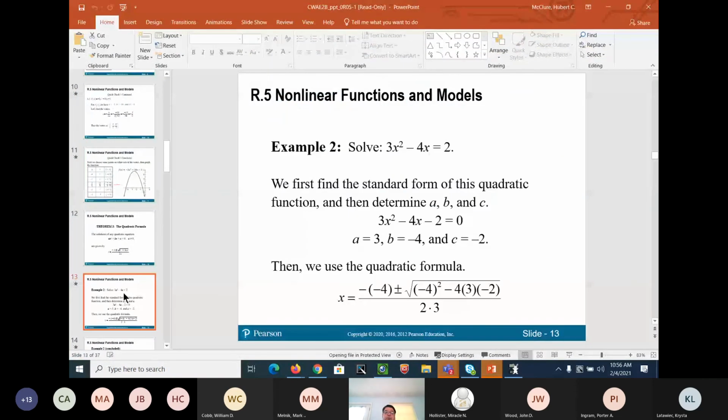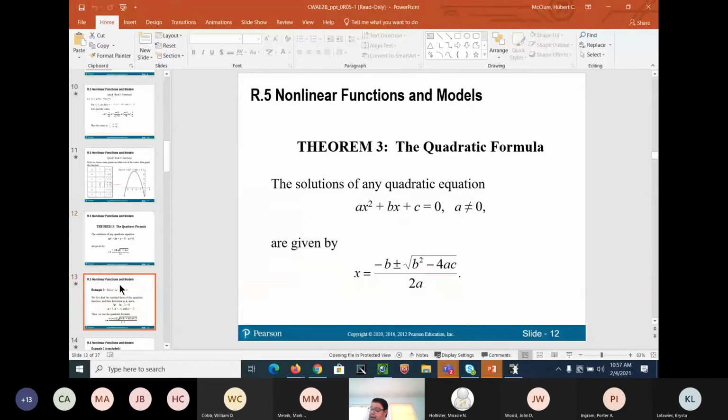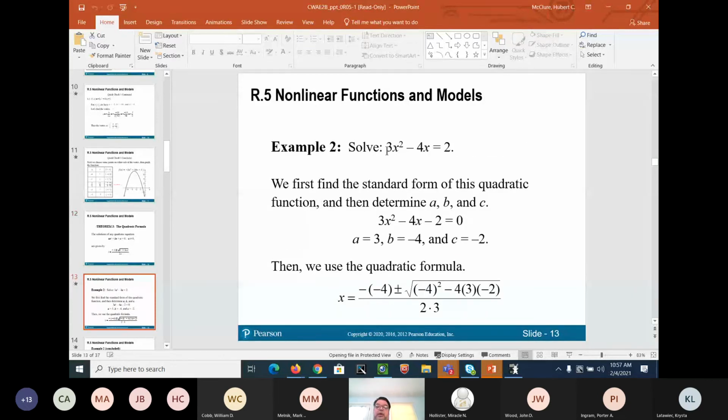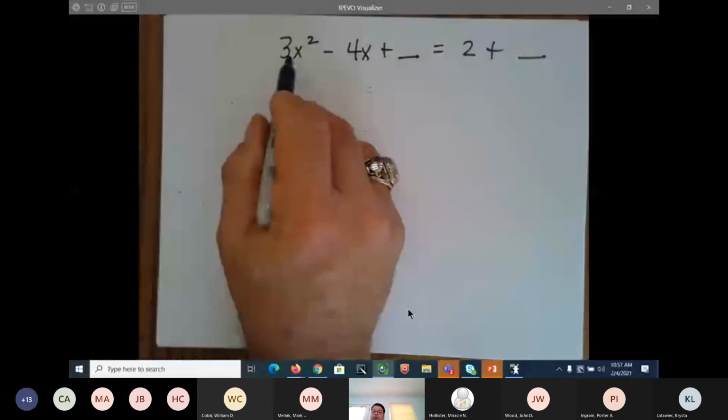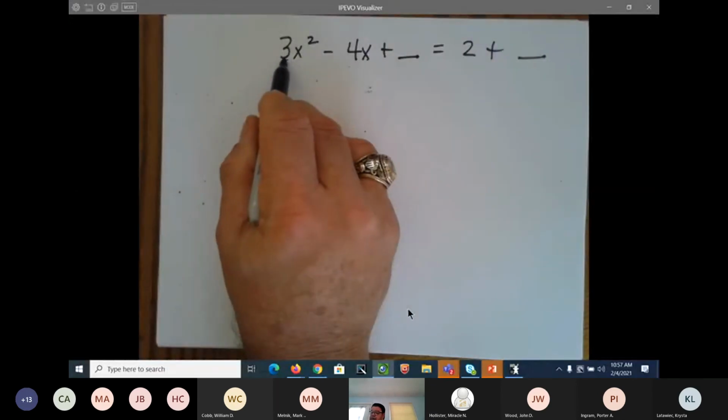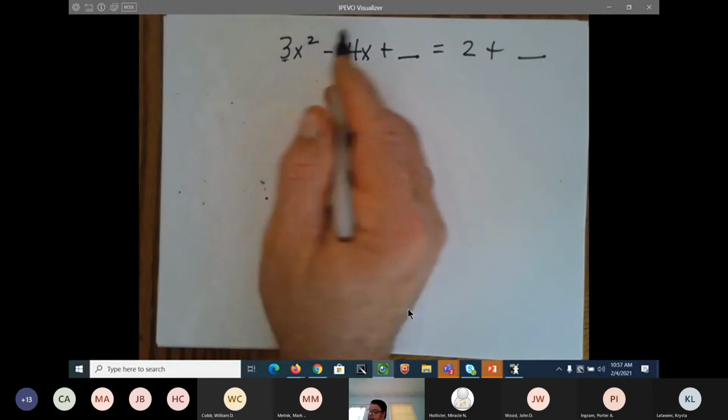I'm going to start you off on this one. f of x equals 3x squared minus 4x plus blank equals 2 plus blank. They already moved C for you. So all you need to do, you got a problem though. You can't do completing the square until you factor this out. So I'm going to factor that out.